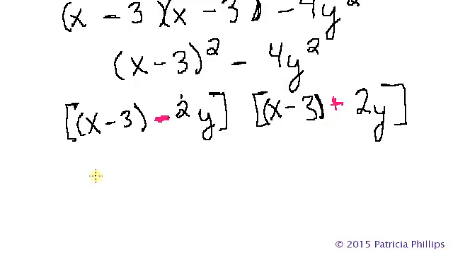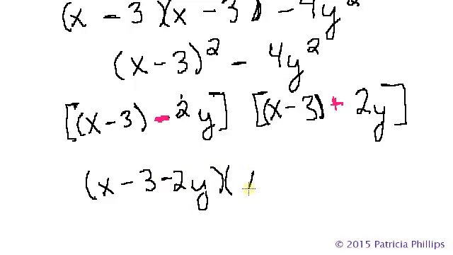So the final answer can simply be x minus 3 minus 2y times x minus 3 plus the 2y. And that will work.